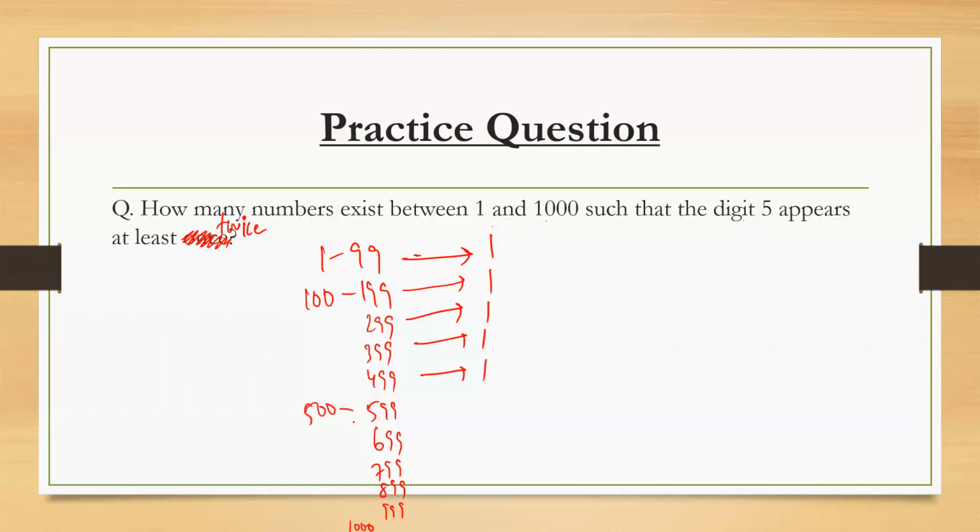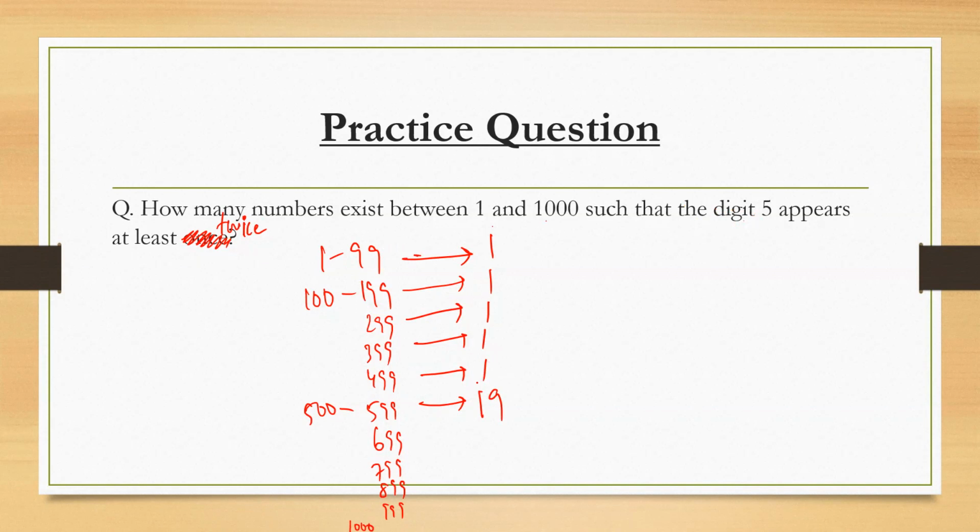Now this is where the problem arises. Right. Here, how many such numbers will be there? Between 500 and 599. How many such numbers will be there where digit 5 appears at least twice? It will be 19. Okay?